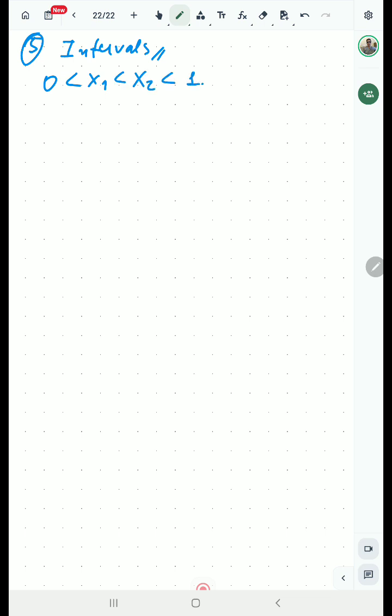Okay. So if this is the case, we have several cases. x1 is greater than 0, right? So what is x1? This implies that y1 y2 is greater than 0. Now you might have two cases here, actually.